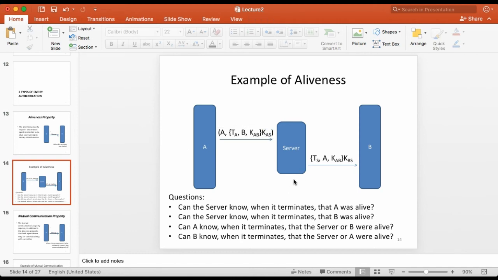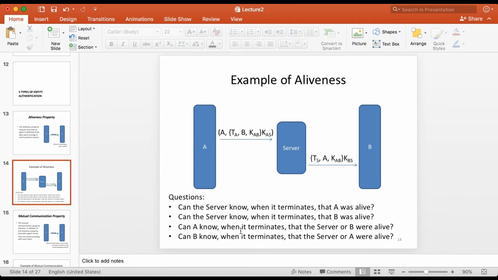However, can the server know when it terminates that B is alive? The answer is no, because B does not say anything in this protocol. Even though the server sends B a message, there is no way for it to know that B exists, and therefore it can't tell whether B was alive during this protocol.